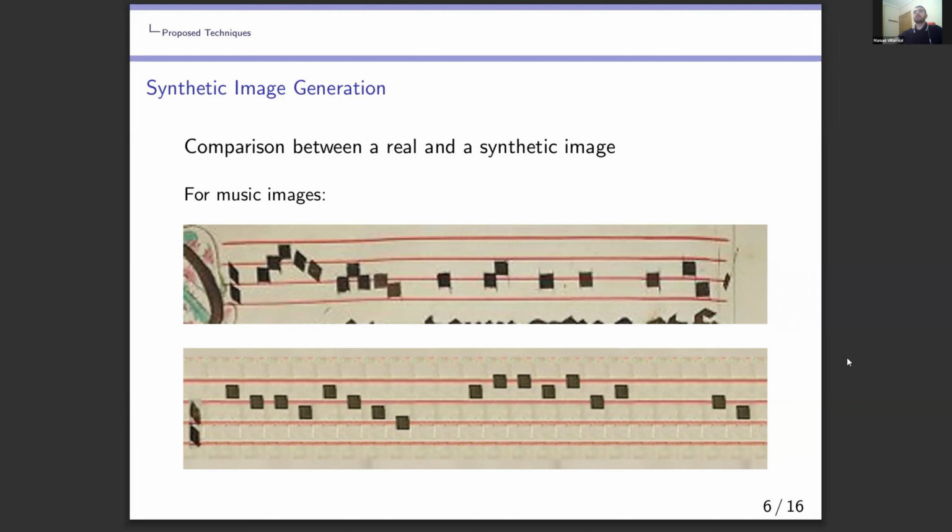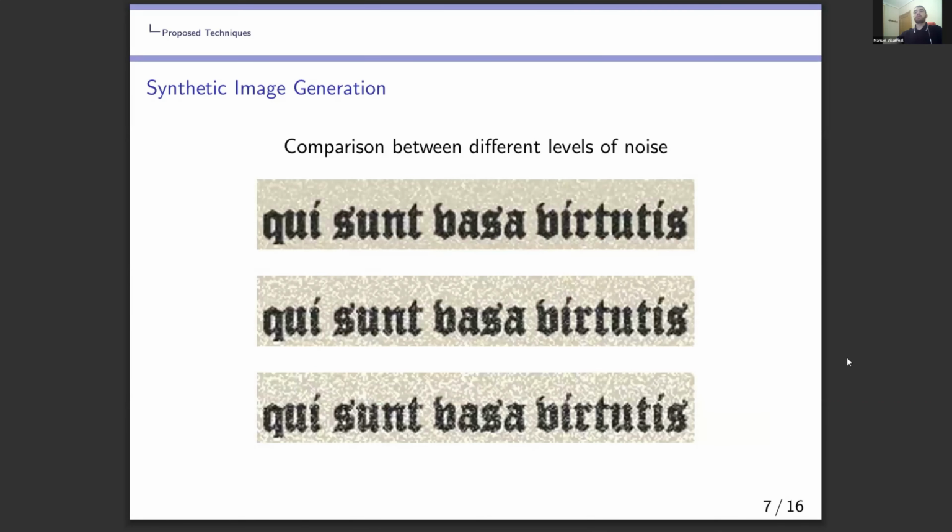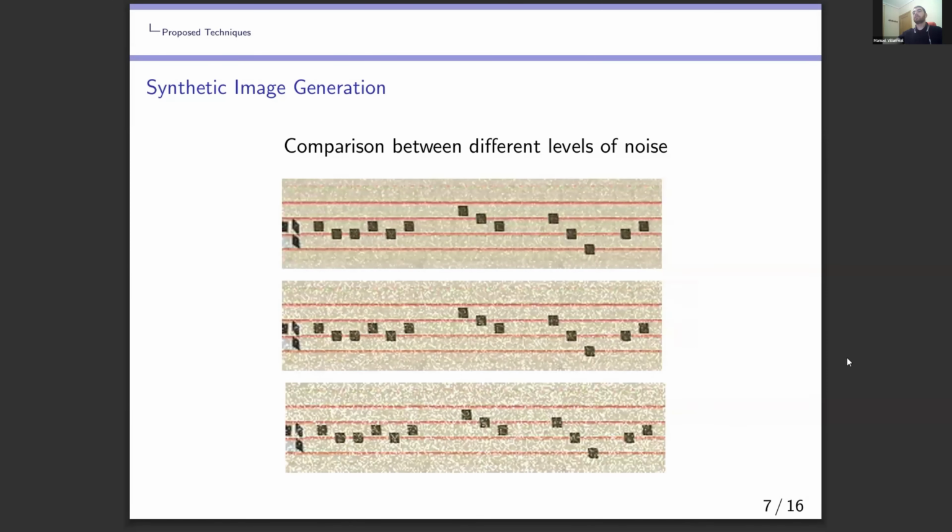Now, these images also have the different levels of noise, as we said. Here we can see how this noise is introduced in three levels. In the first level, we introduce the Gaussian noise, and we increase the amount of Gaussian noise that we use in each of these levels. We can see it here for lyrical images, and we can also see it here for musical images.